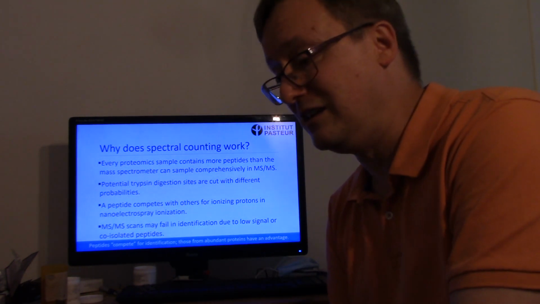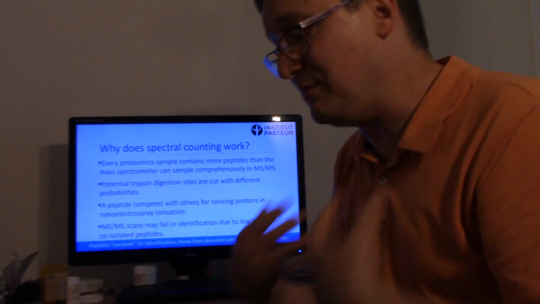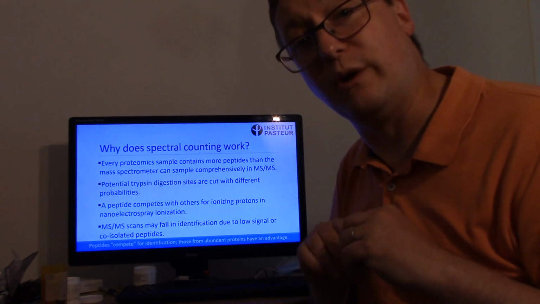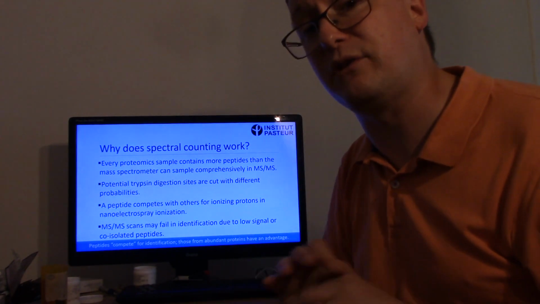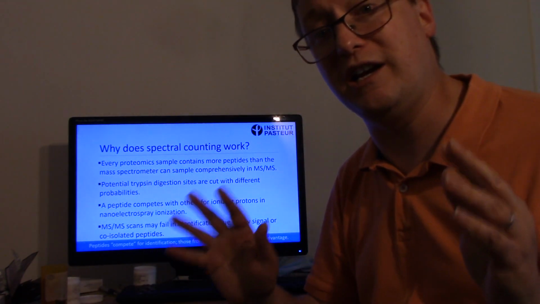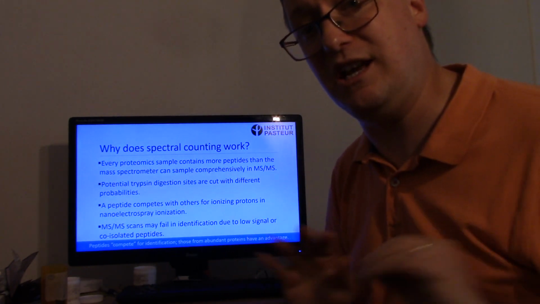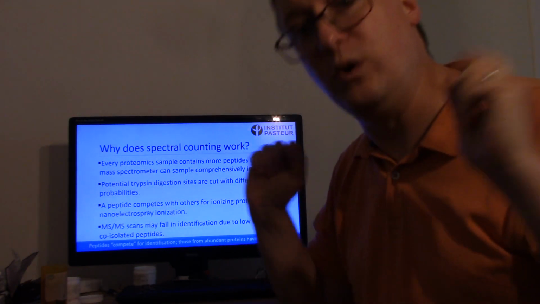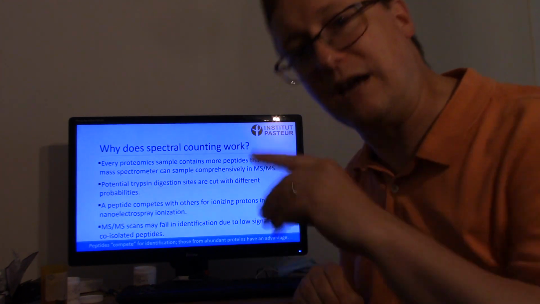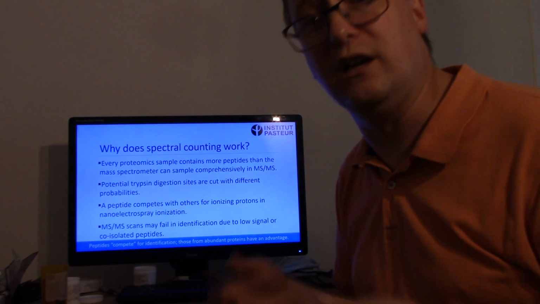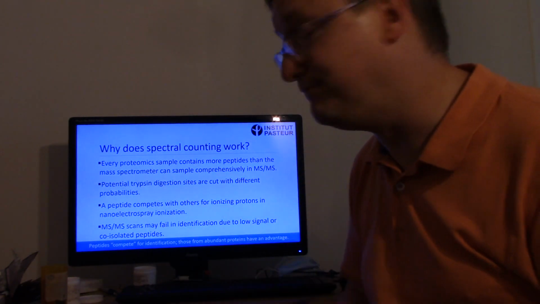The reality is that mass spectrometry is a sampling process. It is going to try to produce tandem mass spectra from as many of the peptide ions as are available, and yet you don't have any guarantee that all peptide ions will be sampled in tandem mass spectra that can be successfully identified. There are a lot of things that can alter very dramatically which spectra are observed when.